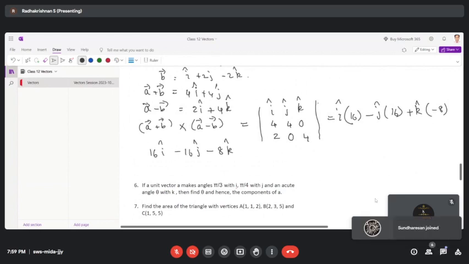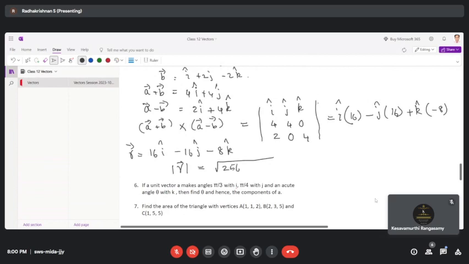So now we have to find a unit vector in this direction. So how do we convert this vector to unit vector? Let's say this is a desired vector. Sir, if this is a vector divided by mod a vector. Correct. So let us say this is R. So to convert this R to unit vector, all you have to do is divide it by magnitude of R. So what is your magnitude of R?